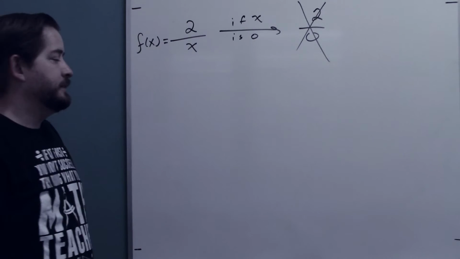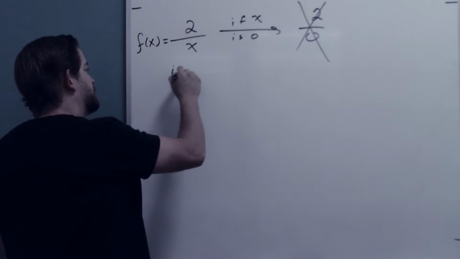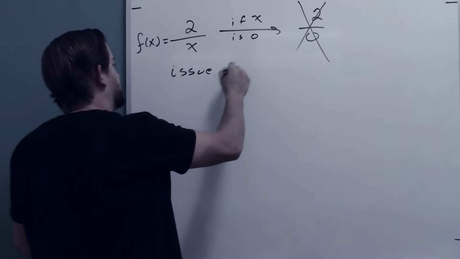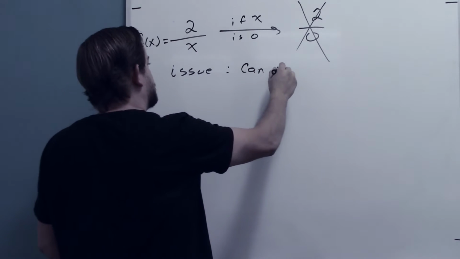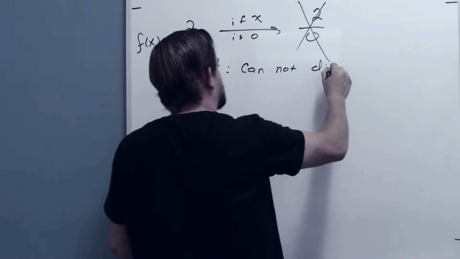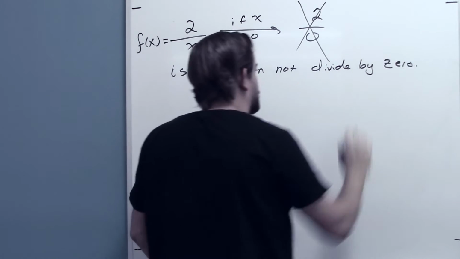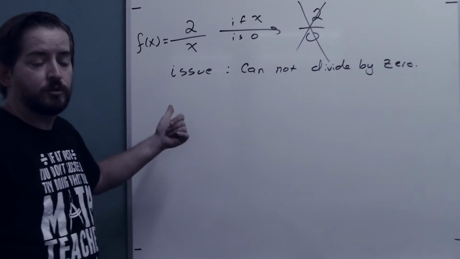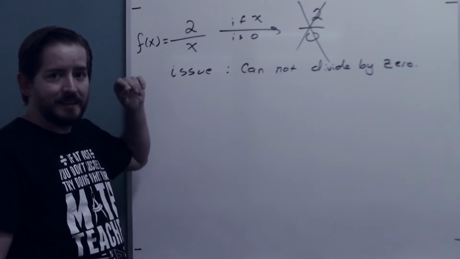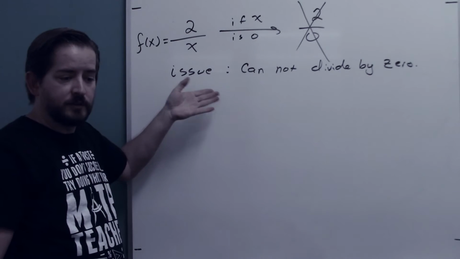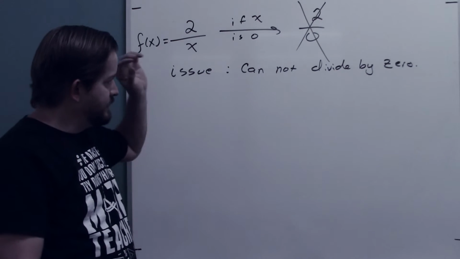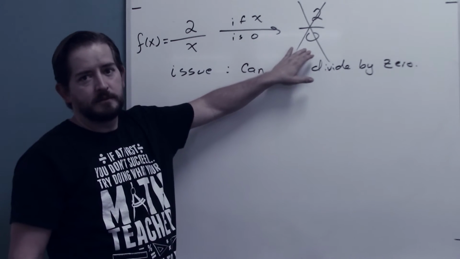I can't divide by 0, and so that's my issue. The issue is that you cannot divide by 0. And similar to the square root problem, that doesn't necessarily mean that x can't be 0 for every one of these problems. It means that the denominator can't be 0.